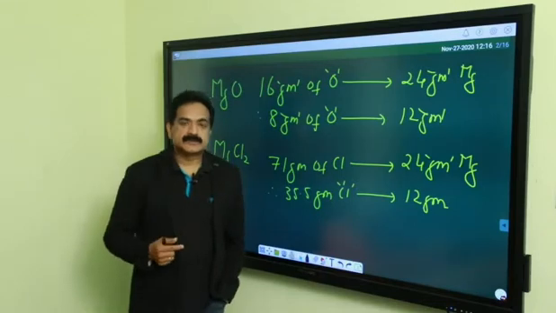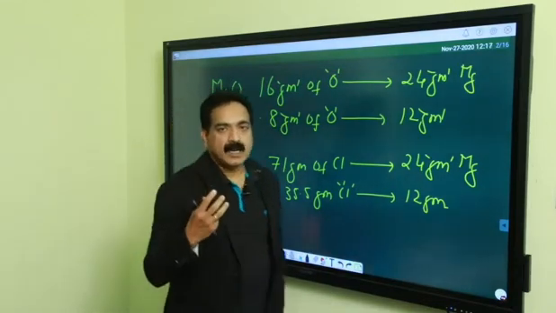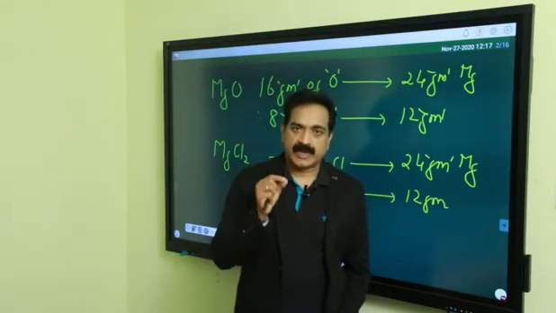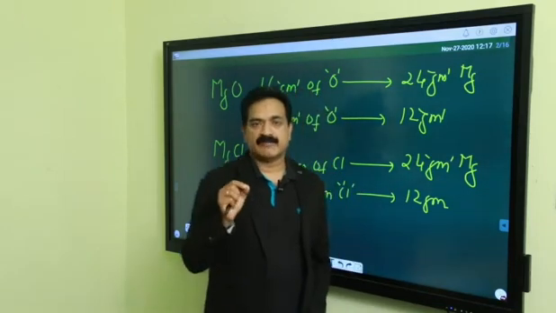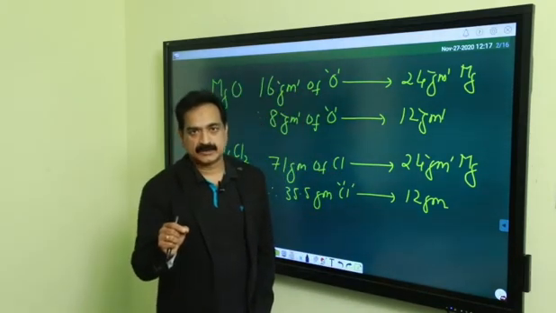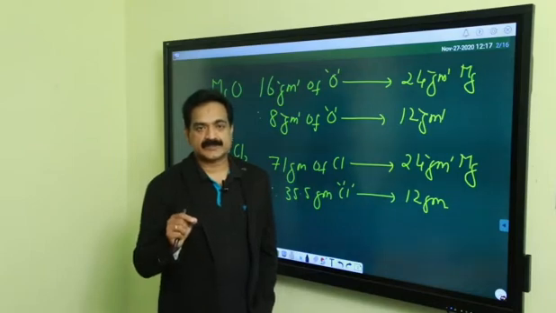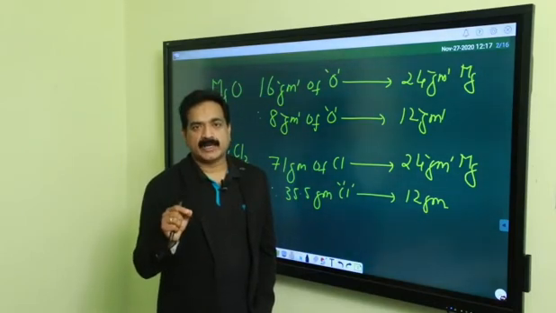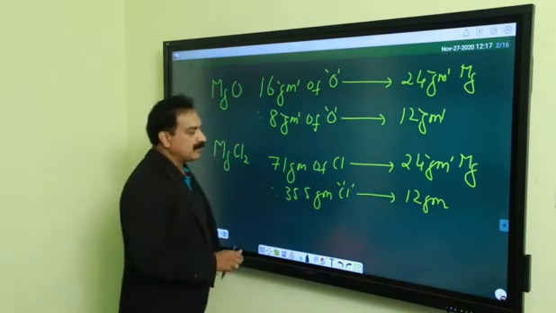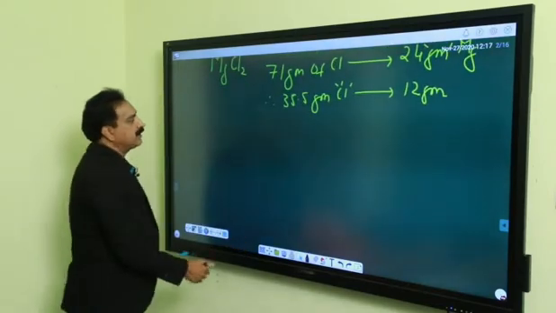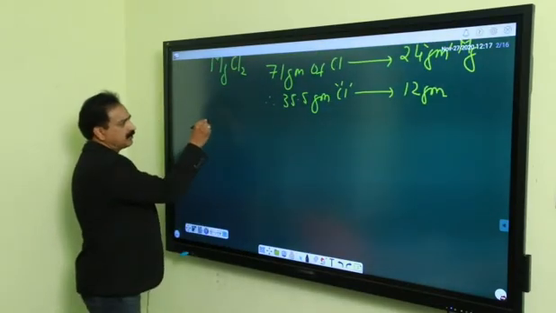Or you can also say this is the mass of a substance which can lose or gain Avogadro number of electrons. Look at sodium.